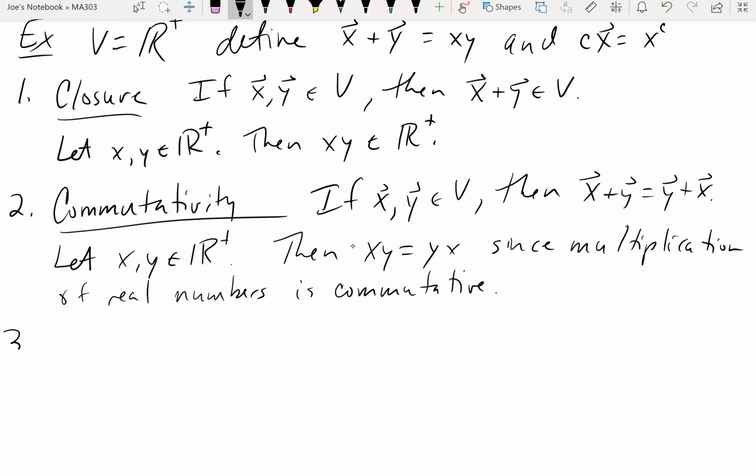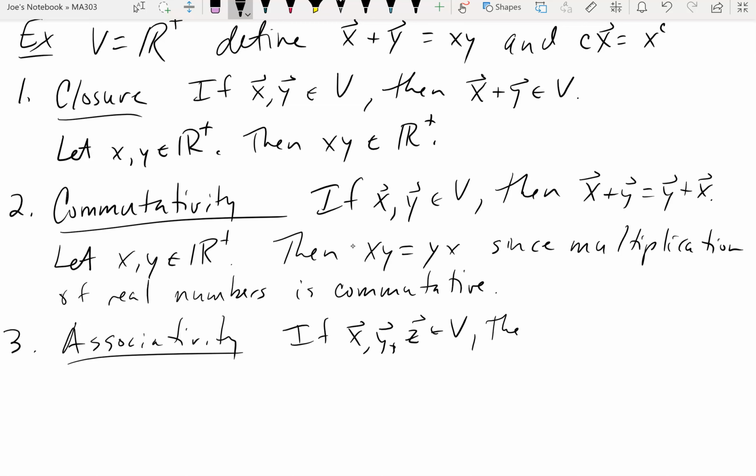All right. Same idea for associativity. I'm going to restate the axiom here. For associativity, it says that if x, y, and z are in my vector space, then I get to regroup relative to the operation.